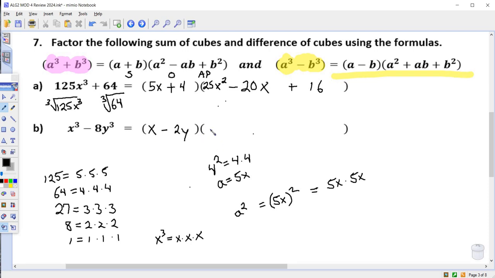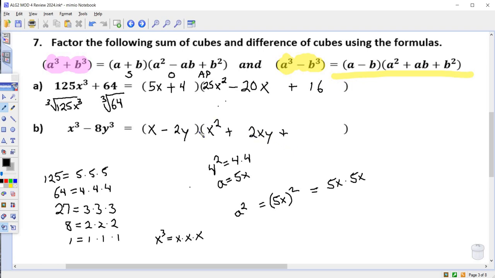Move on to our trinomial. I've got to square a, which is our first term over here. So that's just x squared. x times x is x squared. The middle term is a times b, so I've got to multiply these two terms. x times 2y gives us 2xy.